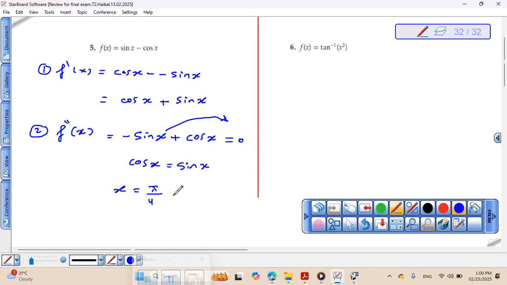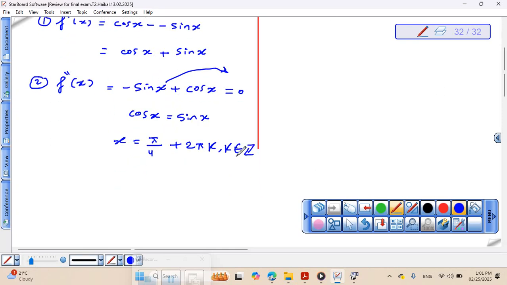Also plus 2 pi k, where k is an integer, negative and positive. Maybe some students didn't understand what I mean by this k.